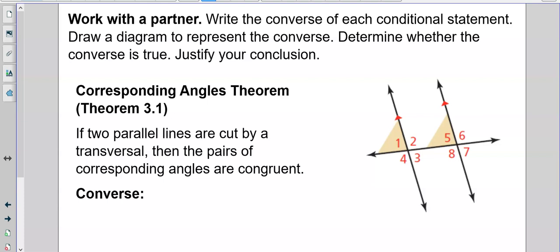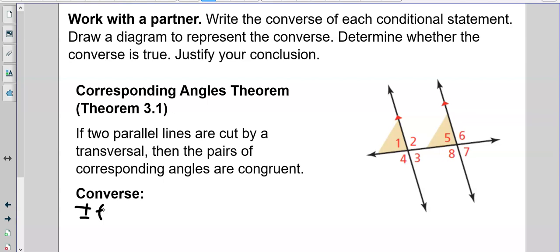Okay. It says write the converse of each statement. So remember, the converse is when you just switch them. So we learned if 2 parallel lines are cut by a transversal, then the pairs of corresponding angles are congruent. Well, the converse is, remember, converse means switch the if and the then.